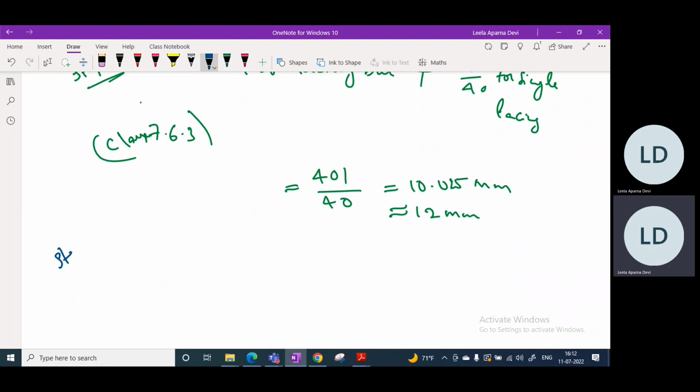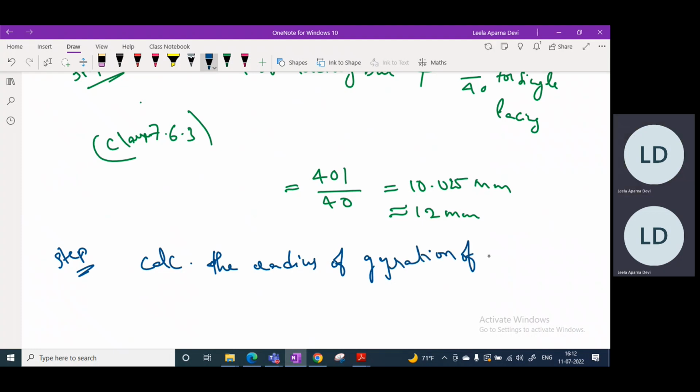And the next step, calculating the radius of gyration of the lacing bar. r equals the square root of I by A, which we have already known.